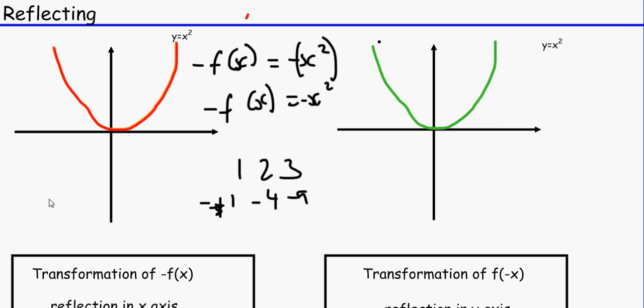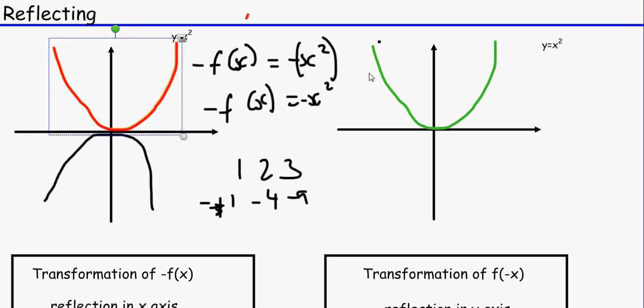So it would actually look like that. Sorry, again, not really that accurate, but as you can see over here, it's reflected in the x-axis. So this basically flips, and is on the bottom half of the graph.